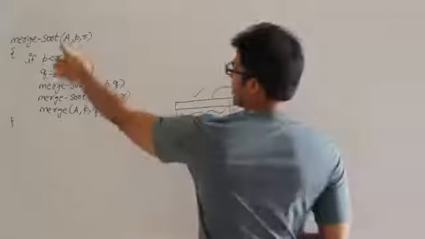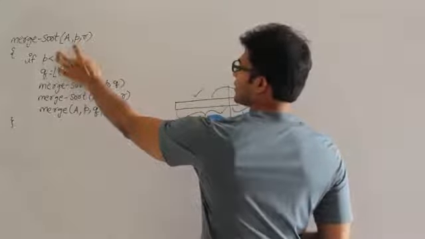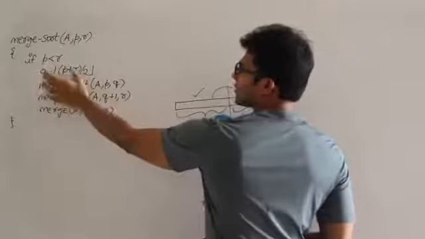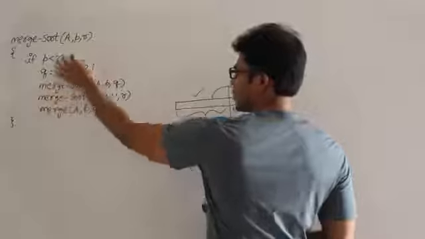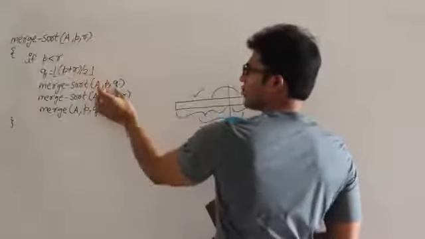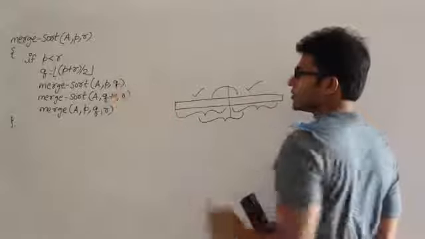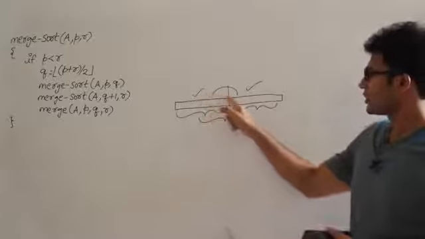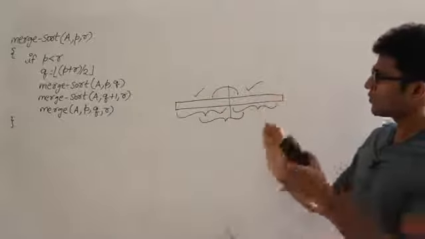Given an array A, where we have to sort elements from P to R, we find the midpoint, sort the array from the starting element P to the midpoint, and then from the next element after the midpoint to the end, and then we merge it.